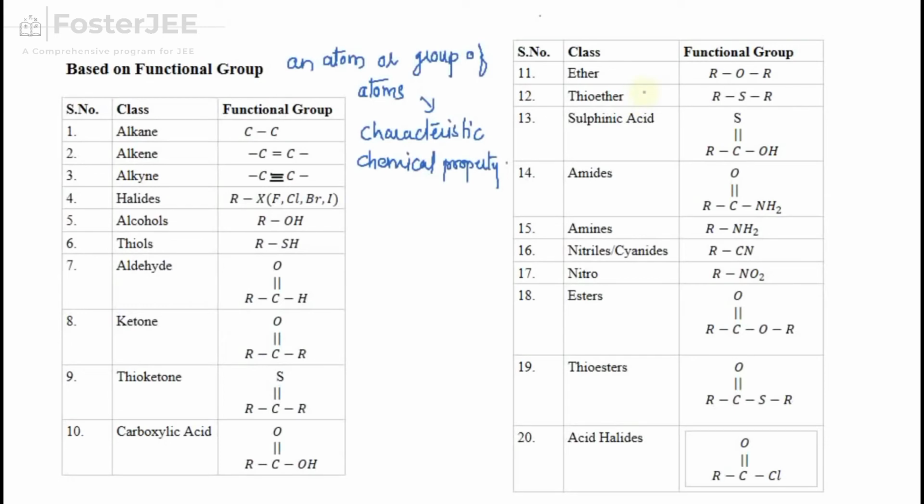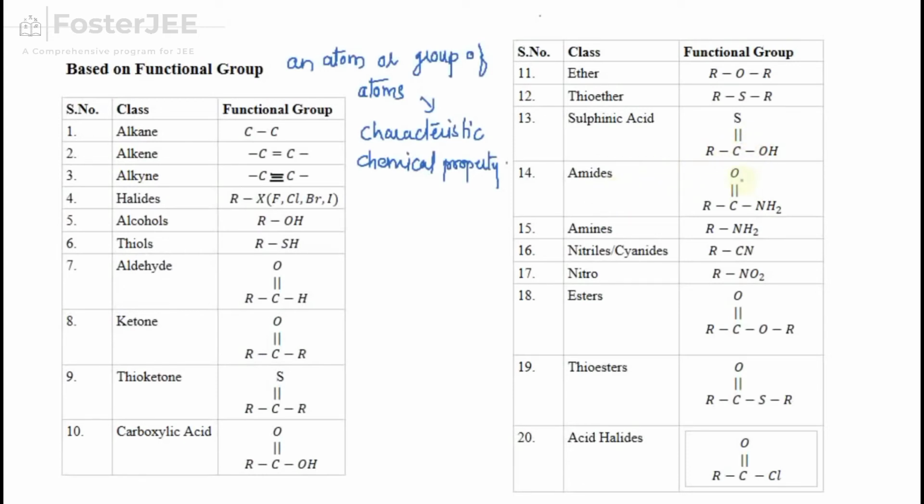Now thioether. In thioether, the functional group is sulfur, which is attached with two alkyl radicals. Now in sulfenic acid, one oxygen is replaced with sulfur to form sulfenic acid. Here the functional group is CSOH.